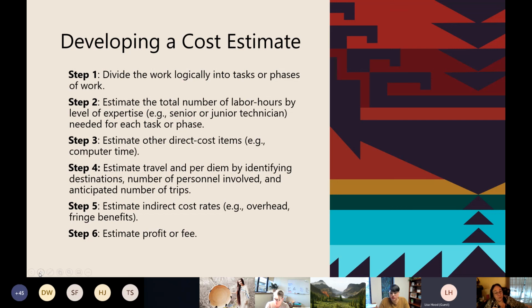Step three, estimate other direct cost items, computer time, things like that. Four, estimate your travel and per diem by identifying destinations, number of personnel involved, and anticipated number of trips. Five, estimate indirect cost rates, overhead, fringe benefits, and then the last one is estimate your profit and your fee.